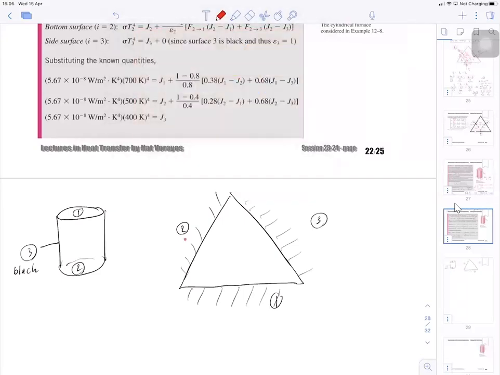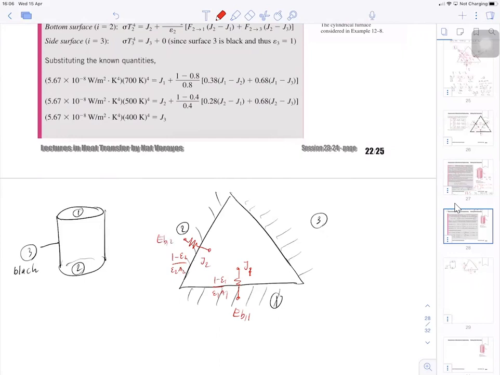Because surfaces 1 and 2 are not black, they have internal resistances, which we can list as (1 minus epsilon 2) over epsilon 2 A2, and (1 minus epsilon 1) over epsilon 1 A1. This is across EB1 and J1, and this is J2 and EB2.